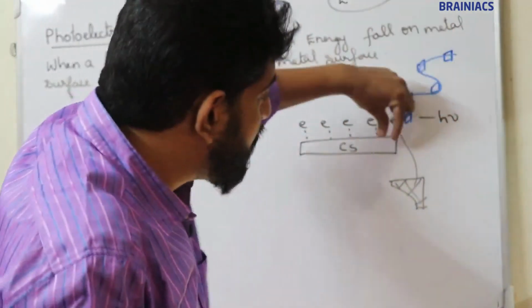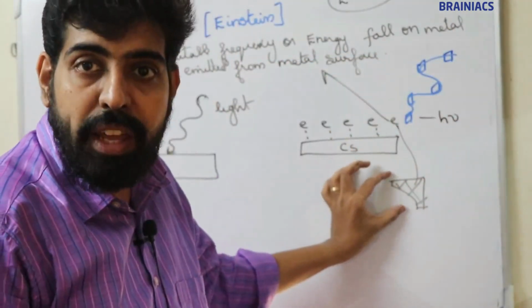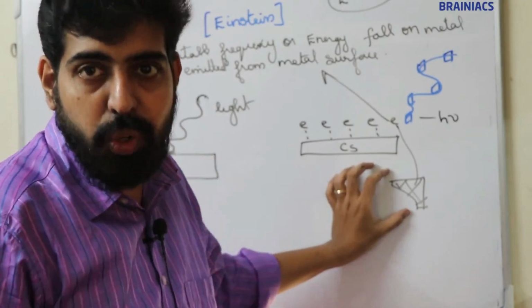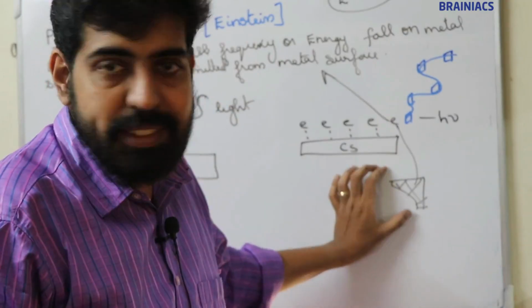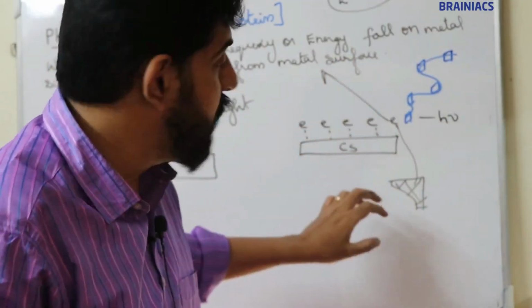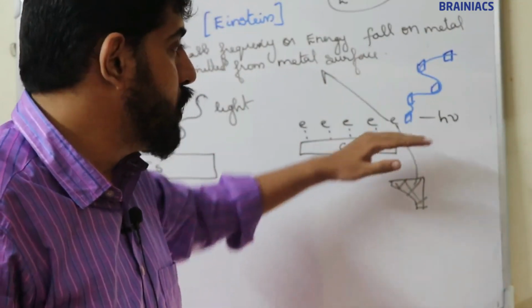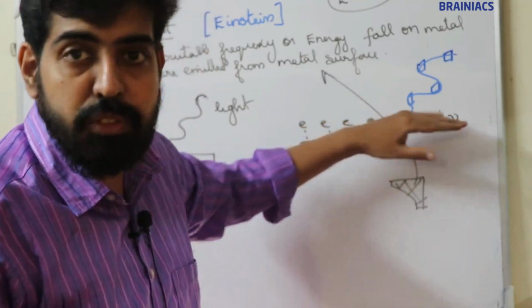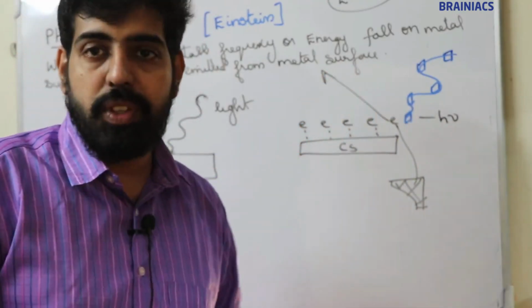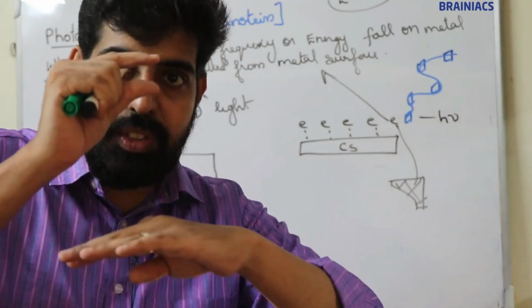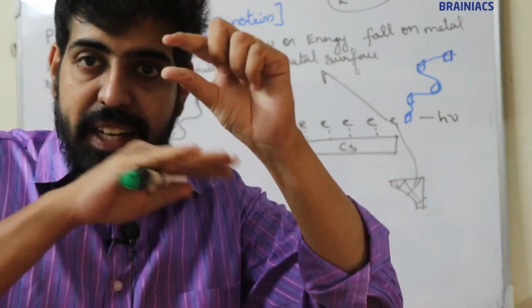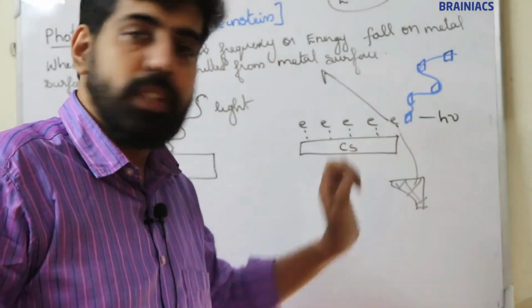When a single photon strikes on metal surface, some amount of energy of the photon is used to cleave the attraction between electron and the surface.